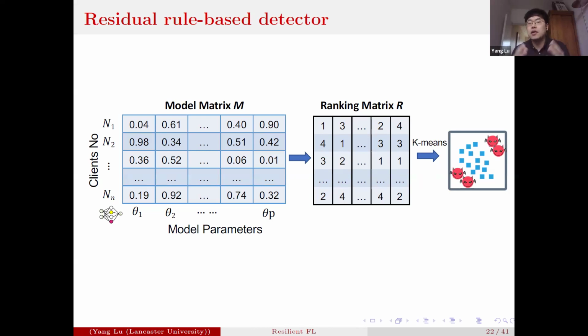It indicates that those vectors which are far away from the majority could be adversarial, and we will remove these users' local models from the learning process. And this rule-based detector is very lightweight. It's just some ranking matrix operation and k-means operation, so we can perform this one offline and provide a raw detection.